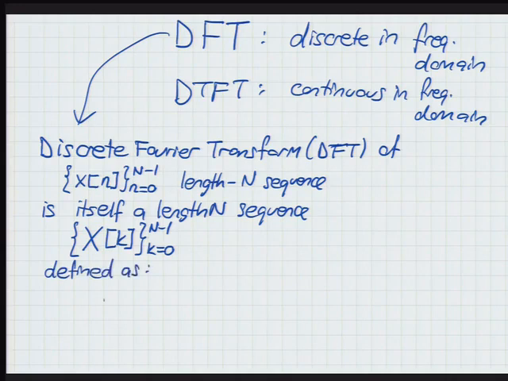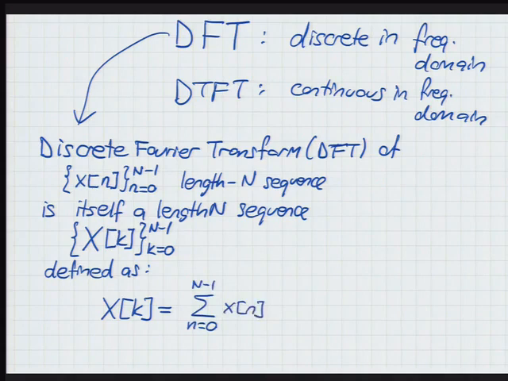Now things will start looking reminiscent of things we did earlier. X of k is the sum from 0 to N minus 1 of x of n times e to the negative j 2 pi by N times kn.